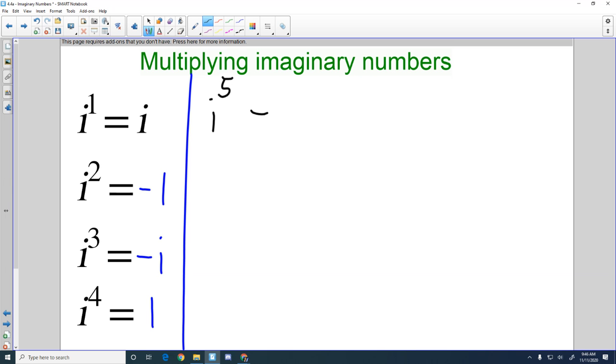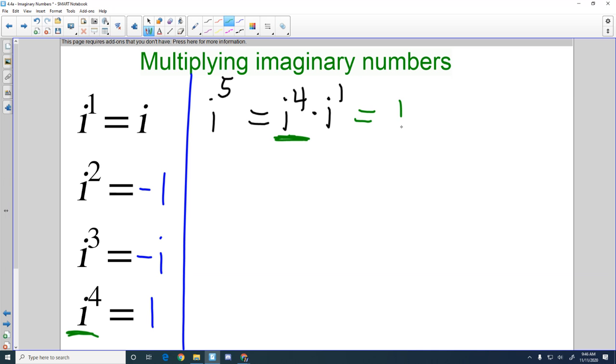This is where something neat happens, where we don't need to worry about any higher exponents than a 4. And here's why. i to the fifth is the same thing as i to the fourth times i to the first. And this is the best part about writing it this way. i to the fourth power, we know if we look down here, equals a positive 1.